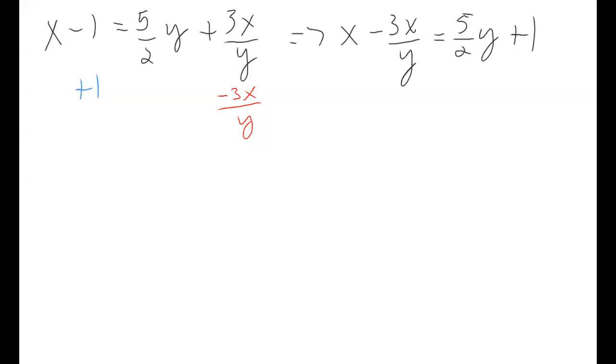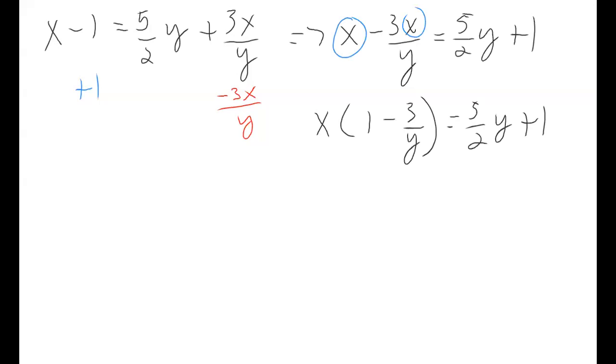Now, this is where we're going to get a little bit ugly here. I think I can keep working down and have enough room here. So notice both of these have x's in them, right? Which means I can take an x to the outside and have 1 minus 3 over y equals 5 halves y plus 1.